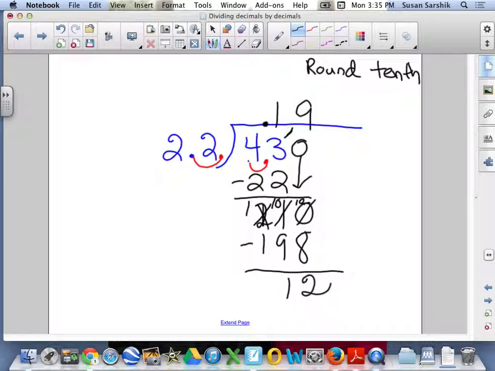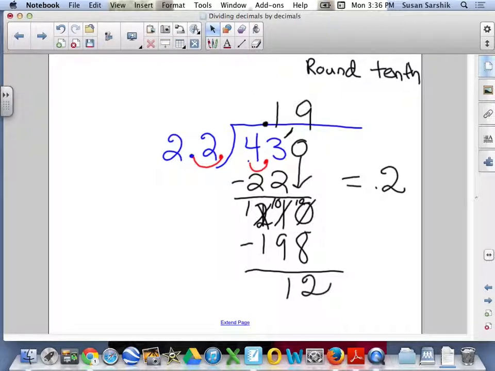I would then check my answer. If I'm rounding to the nearest tenth, even though I still have a remainder, I would round up, and my answer to this problem would be 0.2.